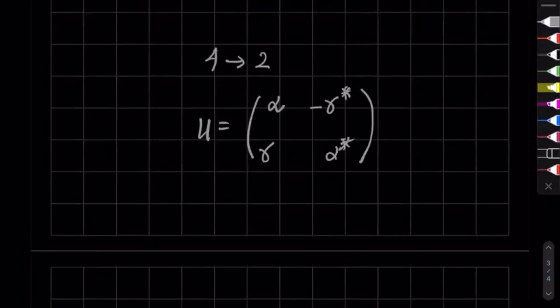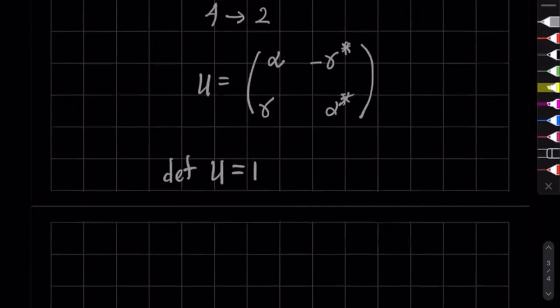And then I also have to impose a condition that determinant of U is 1. Now, if I do this, then I get alpha squared, minus, but this minus cancels that minus, gamma squared equals 1.